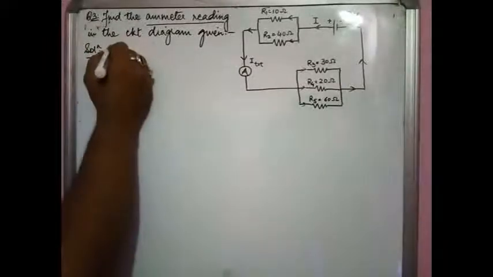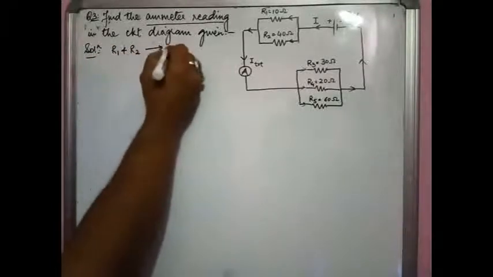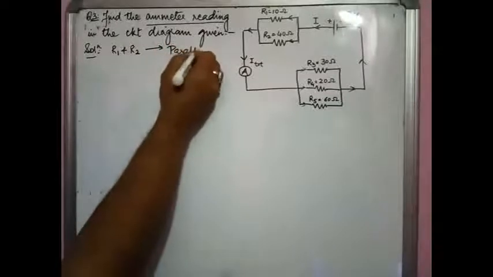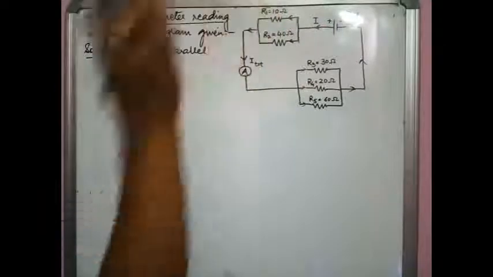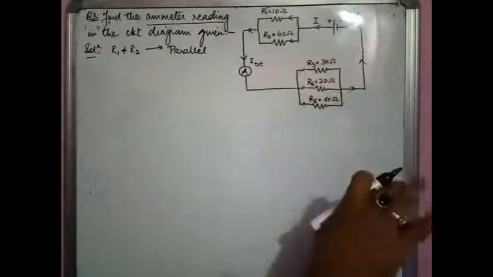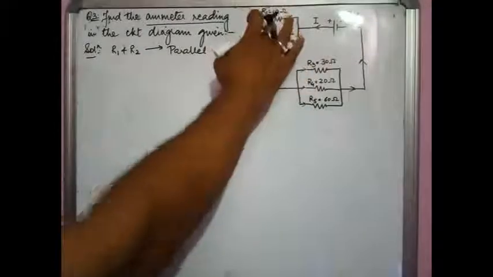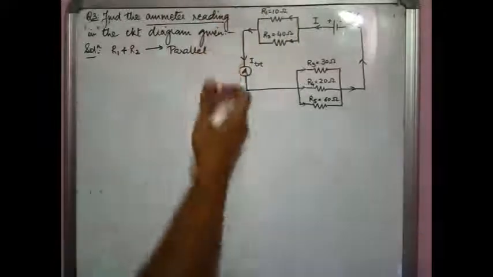R1 and R2 are in parallel. So this portion has to be calculated as a parallel portion, and this portion also has to be calculated separately as a parallel portion. Once you get the values of these two parallel parts, you will add them up, because now they are in series.